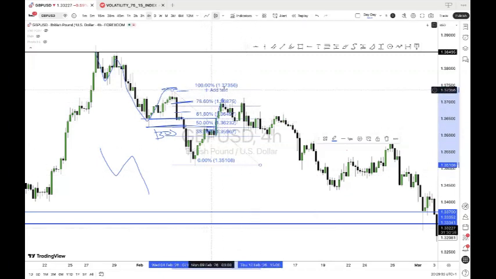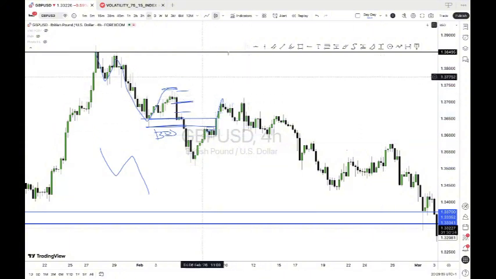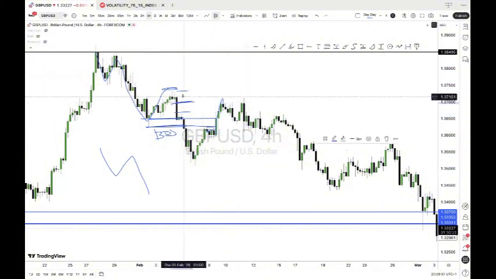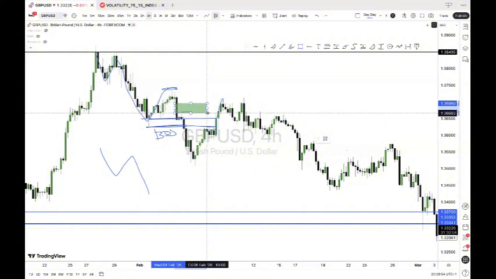Now, why 78.6? If you look at 78.6, you'll notice that we have this fair value here between here and here.